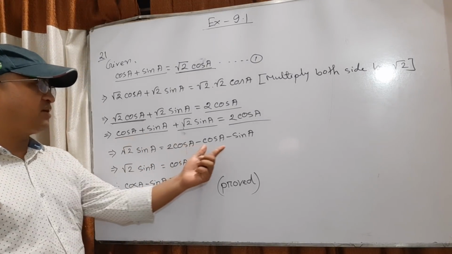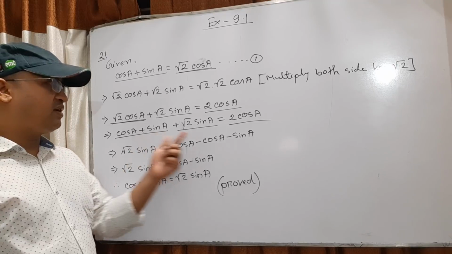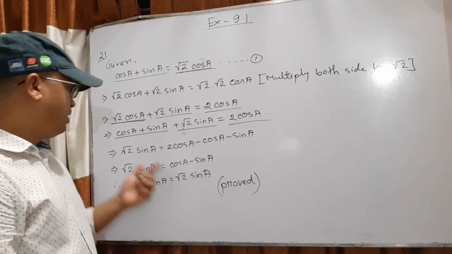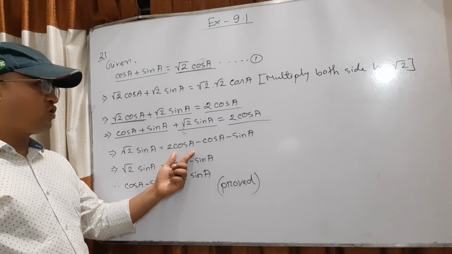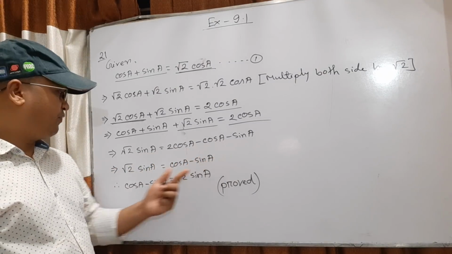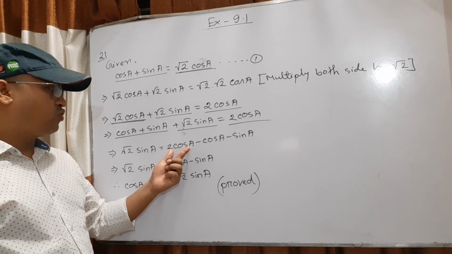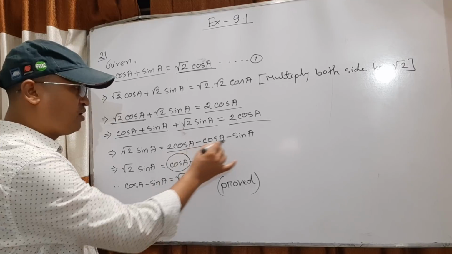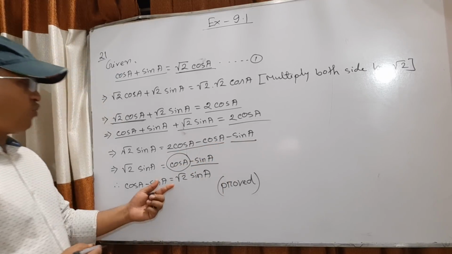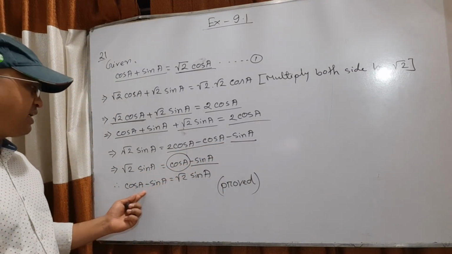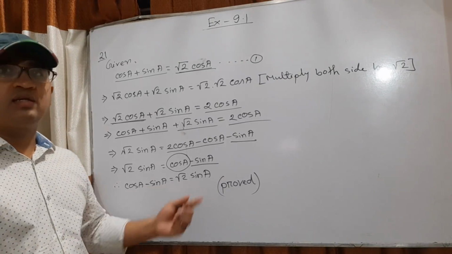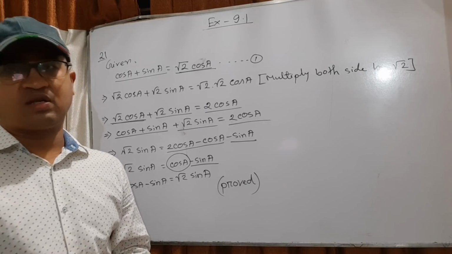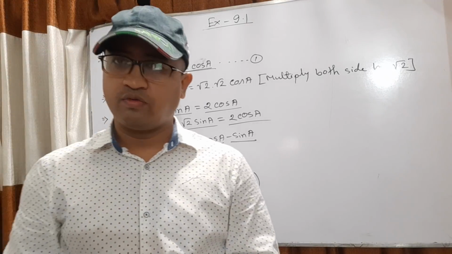So cos A becomes minus cos A, plus sin A becomes minus sin A, when I take it to the right side. Root 2 sin A equal to 2 cos A minus cos A minus sin A. So 2 cos A minus cos A becomes cos A, minus sin A. So what does it become? Cos A minus sin A equal to root 2 sin A. That is our result.